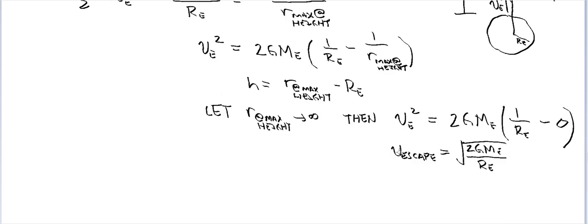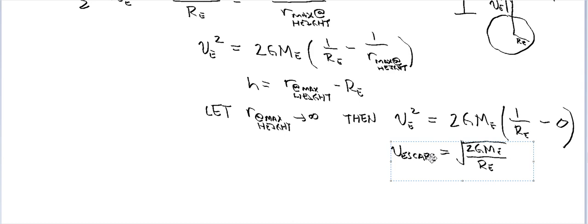We could square root both sides, and we get that the escape speed is the square root of 2 times G, the universal gravitational constant, times the mass of the Earth divided by the radius of the Earth. You could plug in values, and if you do, you'll see that the escape speed from Earth is about 11,200 meters per second.